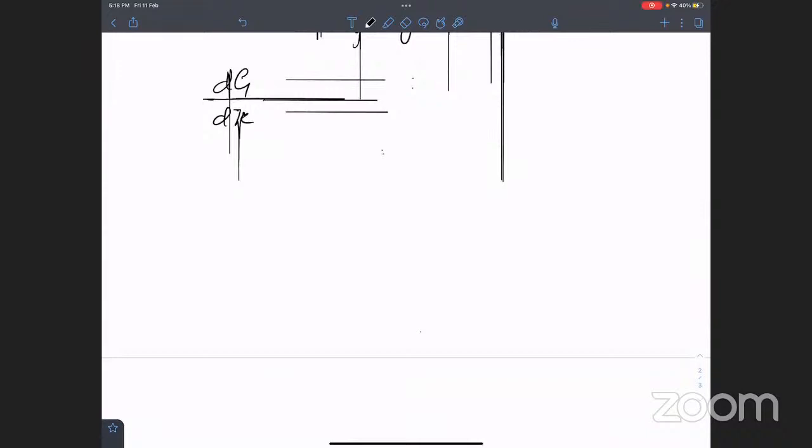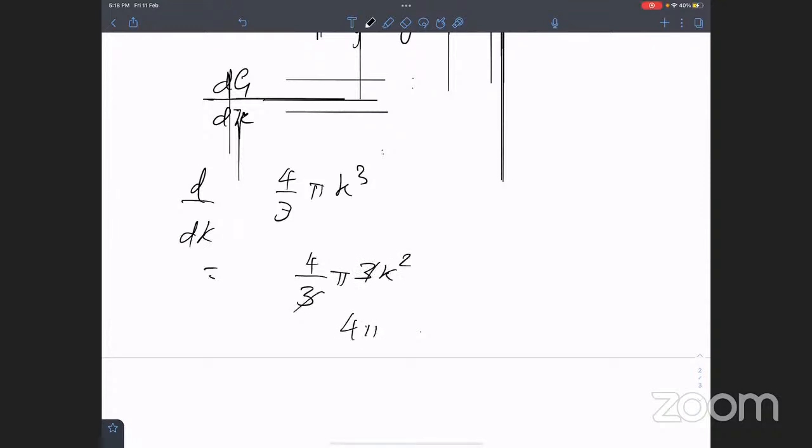If I differentiate 4 by 3 pi k cubed with respect to k, I'll get 4 by 3 pi times 3k squared. So 3 cancels. I get 4 pi k squared.